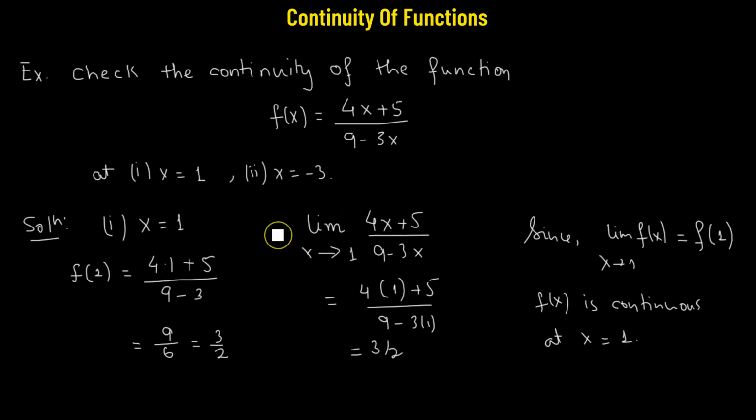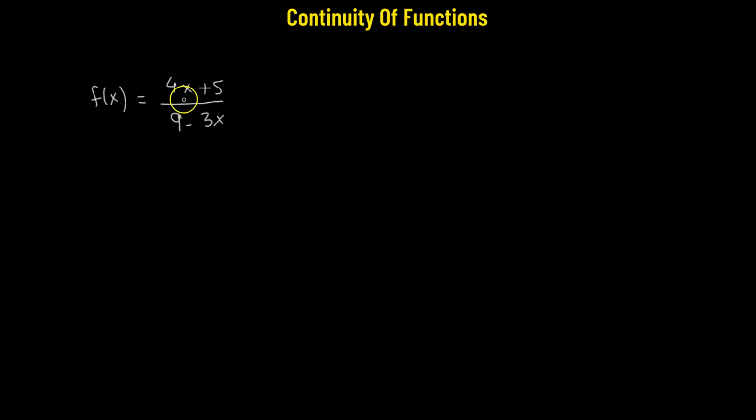So here we want to check the continuity of this particular function at x equals, so this is not negative 3, this is positive 3. So let's try it out. We have a function given by (4x plus 5) divided by (9 minus 3x).